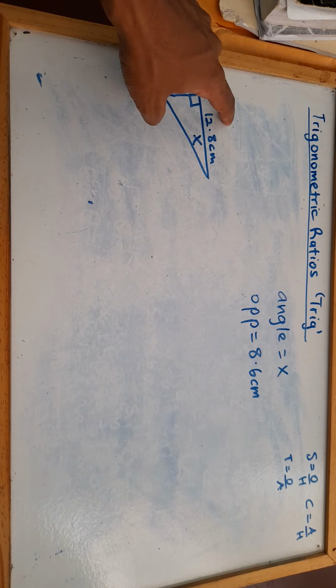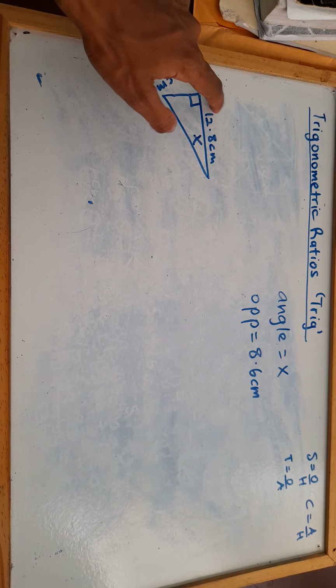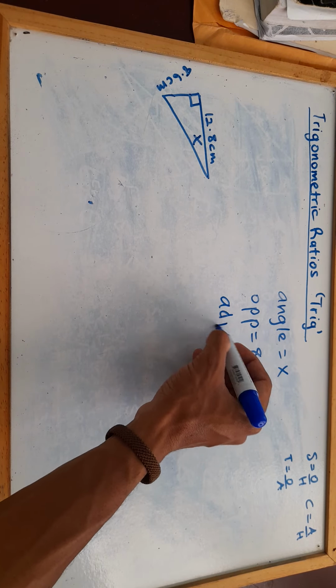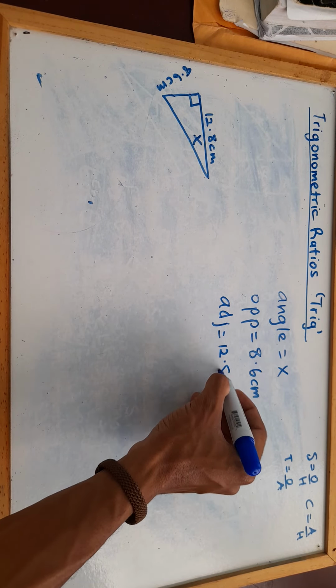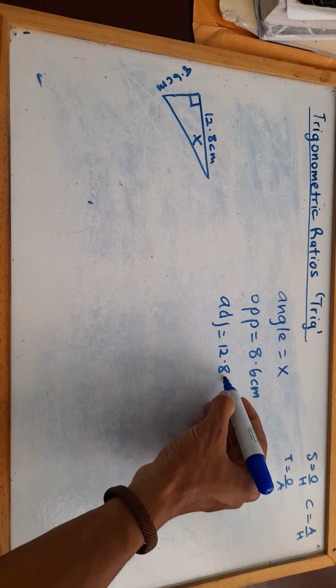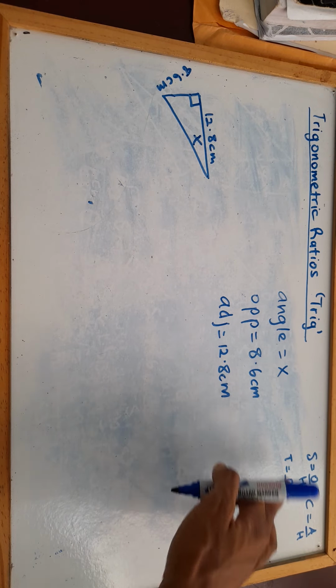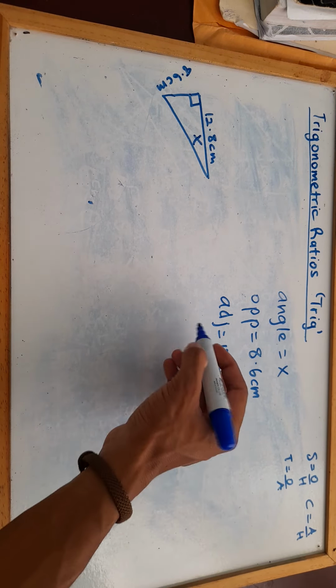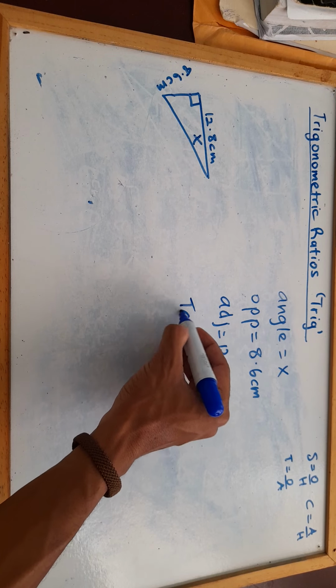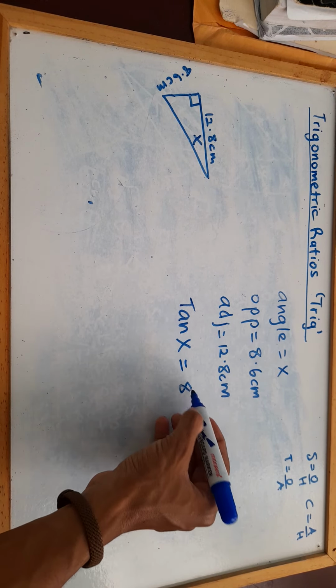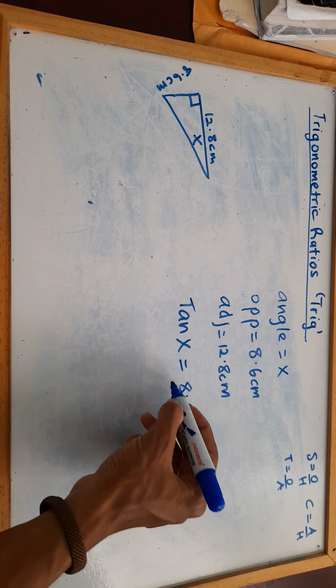Now this is not our hypotenuse, this is our hypotenuse, but the side here would be our adjacent, 12.8 cm. Now tan, these are opposite and adjacent, so tan of angle x is equal to 8.6 cm over 12.8.